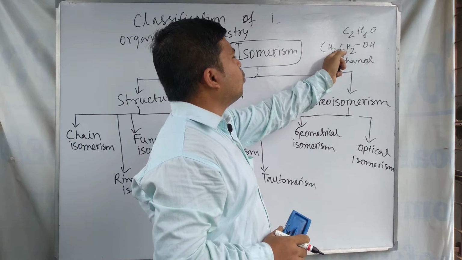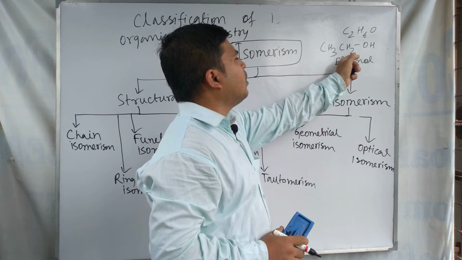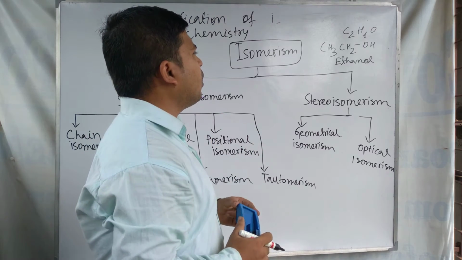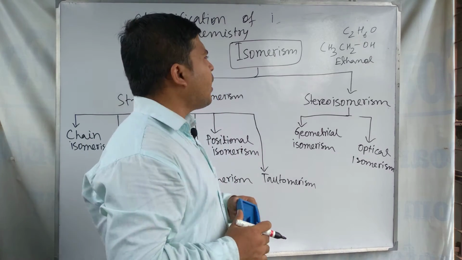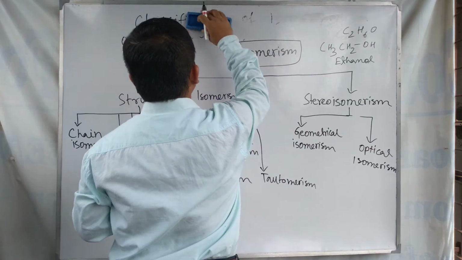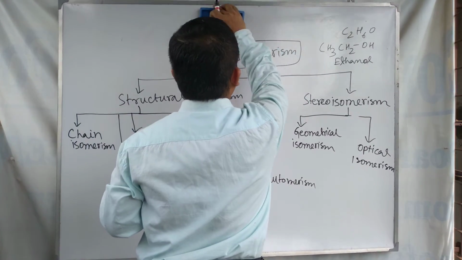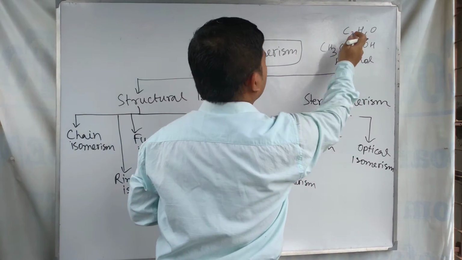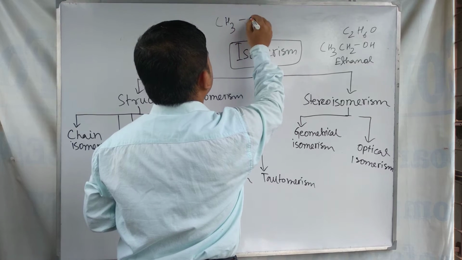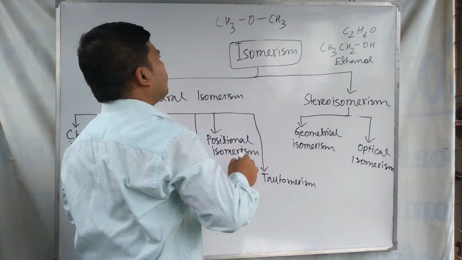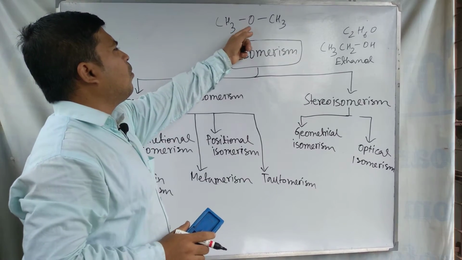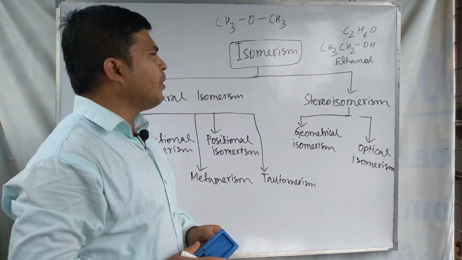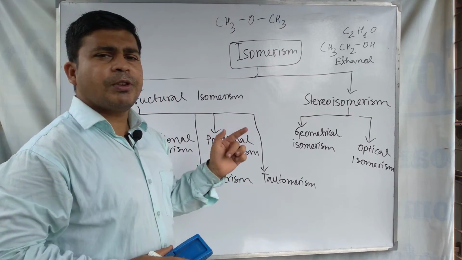Here carbon is 2, hydrogen is total 6, 3 plus 2 plus 1, and oxygen is 1. Using this molecular formula C2H6O, we can also represent CH3OCH3. Here carbon number is 2, oxygen number is 1, and the number of hydrogen present is 6.